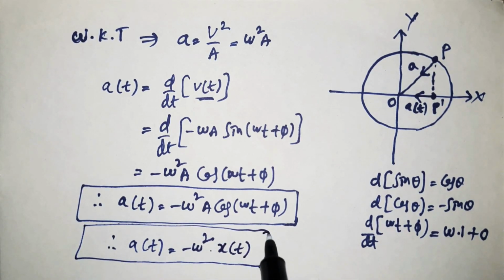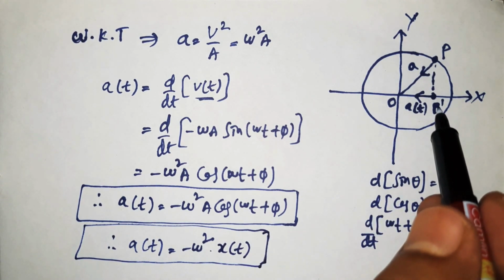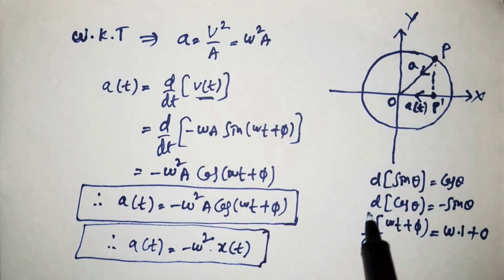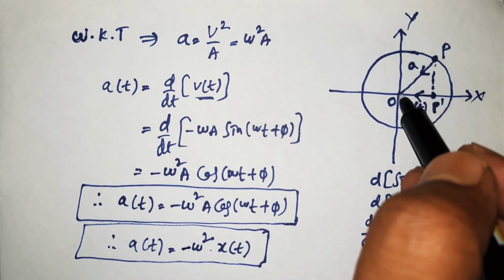If particle P' executes simple harmonic motion, which condition is satisfied? Acceleration is always directly proportional to displacement in magnitude and opposite in direction. Acceleration is always towards the mean position.